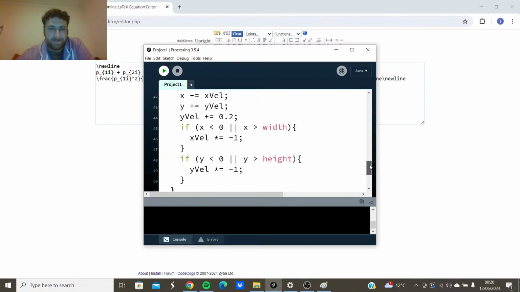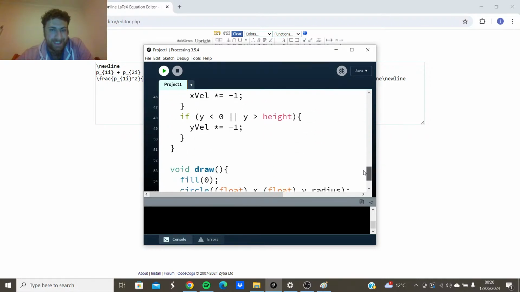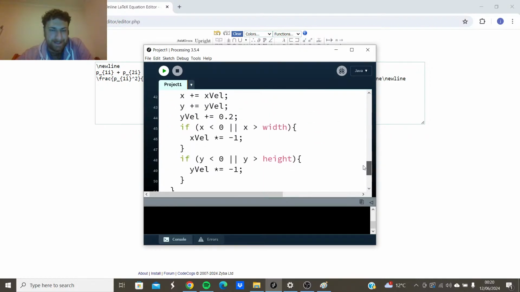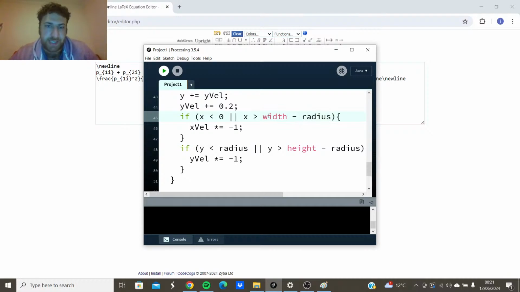Instead of X is less than 0, what's the word? Instead of X is less than 0, we should, for the Y at least, do Y is less than height minus radius, X is less than width minus radius, and X is less than radius.